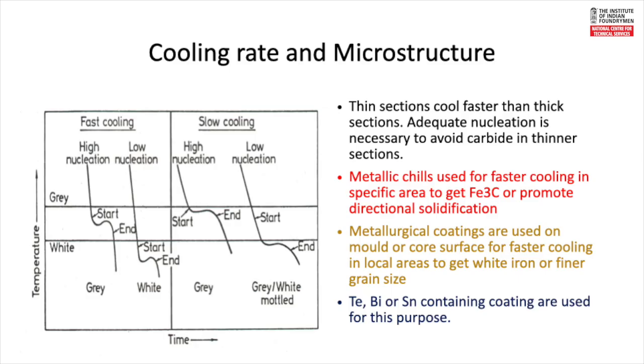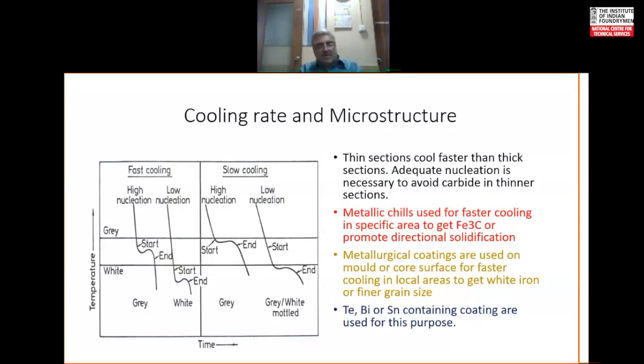And really the functioning is pretty simple. These are all elements which have low evaporation points, evaporation temperatures. So as soon as metal comes in contact with a surface which has been coated with any of these, in that localized area, for the purpose of evaporation of these elements, heat will be taken out of the surrounding metal.